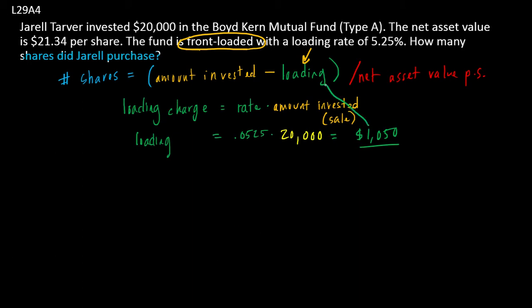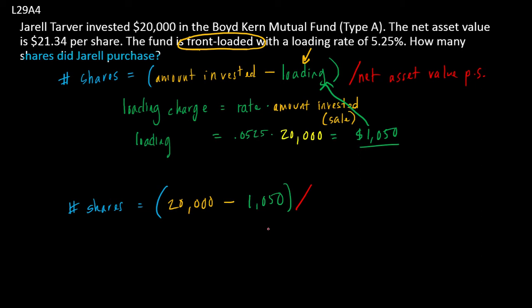Alright, so we're going to be able to take that and plug that back into our number of shares equation. So the number of shares purchased is equal to the amount invested, which we already know to be $20,000. We subtract off the loading charge of $1,050, and we divide by the net asset value per share.